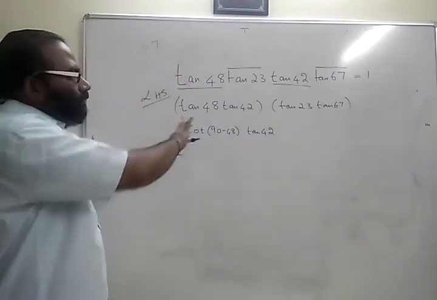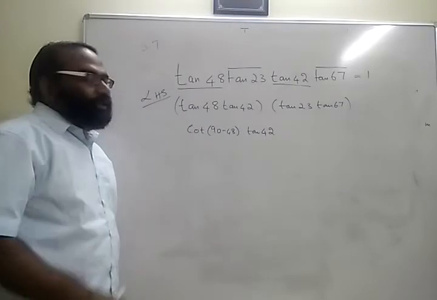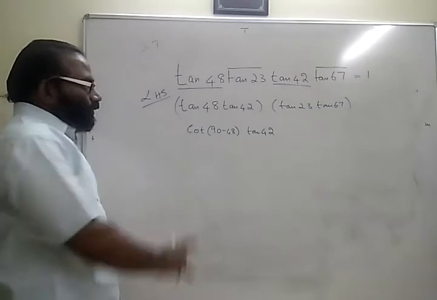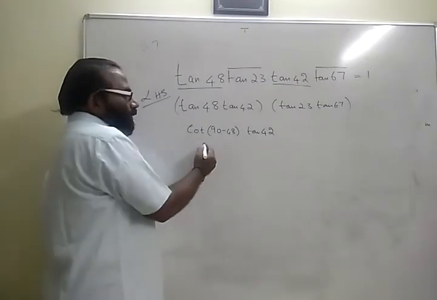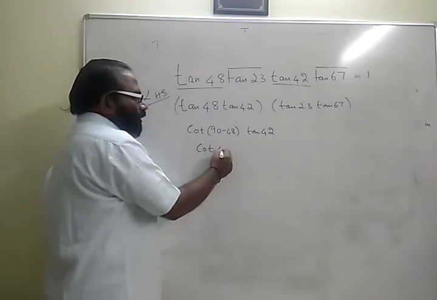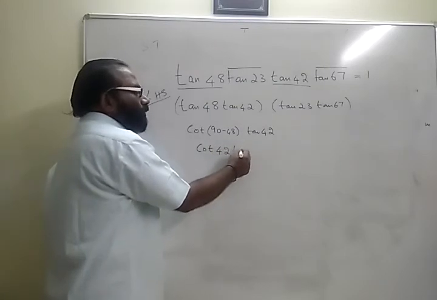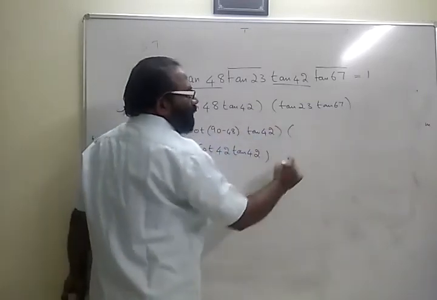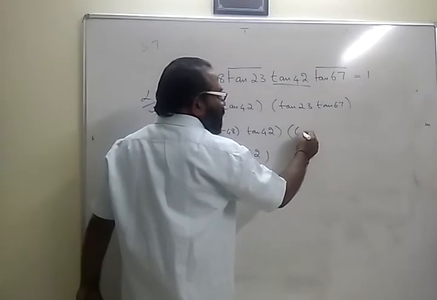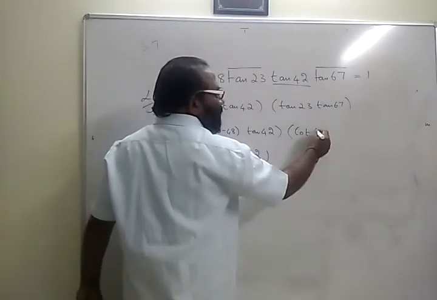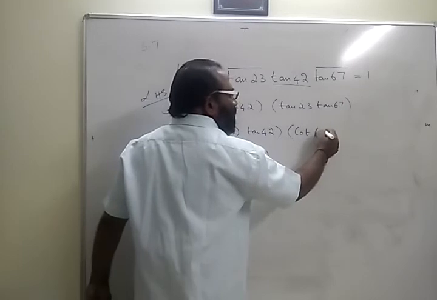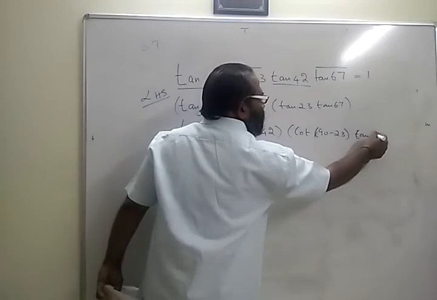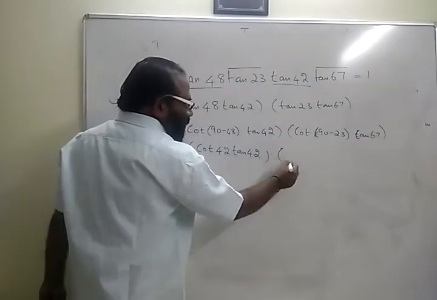If I convert both to cot, I don't get a proper solution. So one I convert to cot, and what do I get over here? I get cot 42 into tan 42. And the second part here, this becomes cot 90 minus 23 into tan 67.